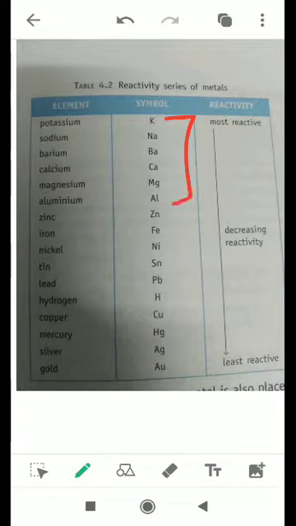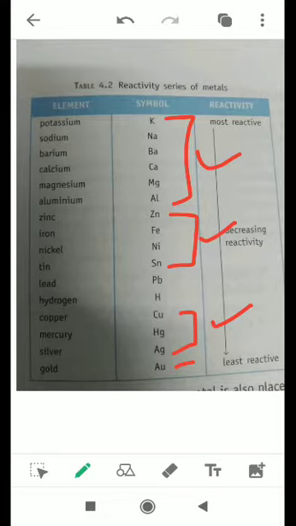These are highly reactive, these are moderately reactive, and these are least reactive, or you can say some are native also. Native means they occur in free state in nature, and are called noble metals. So they are categorized into three groups: highly reactive, moderately reactive, and least reactive.